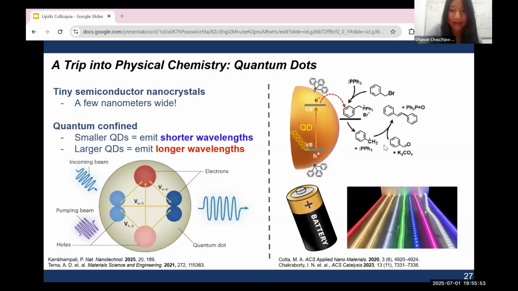As for the types of interactions denoted by the yellow arrows, there's the VEE, which is electron-electron repulsion. There's hole-hole repulsion. And lastly, there's electron-hole attraction, which is the most important force, as it allows for recombination and light emission. So on the right side, you'll see a light beam coming out. This happens when an electron and hole recombine and a photon is emitted.